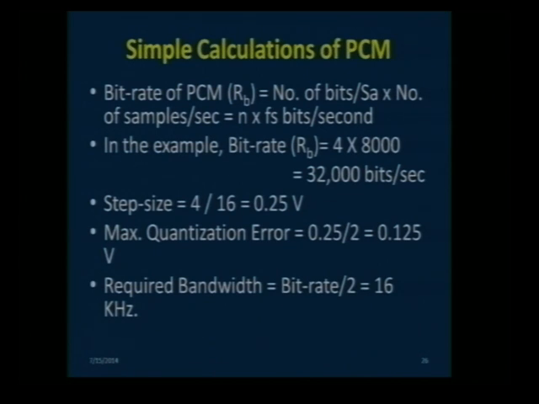Now for step size evaluation, the overall amplitude range of 4 volts upon L, where the L value is 16, results in a step size of 0.25 volts. What is the error? The maximum quantization error is step size upon 2. And what is the required spectrum? It is equal to half of RB, the bit rate. So in the slide you can actually see these particular figures.